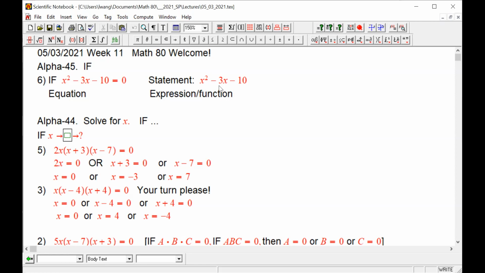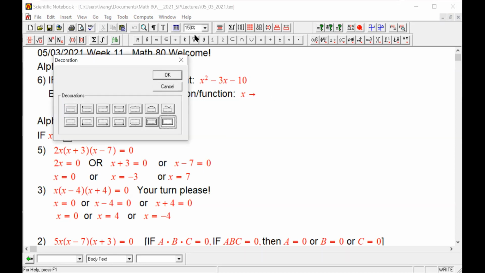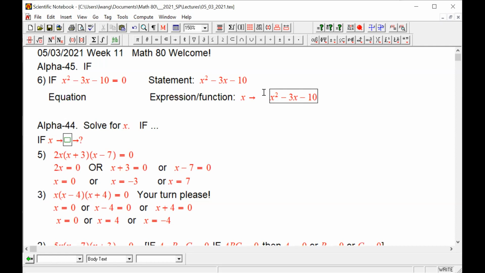Basically, it spells out a rule, and this rule says X is the input, and the rule is this guy. Applying this rule, you're going to produce output. So it's a description of a rule, and this rule produces output.